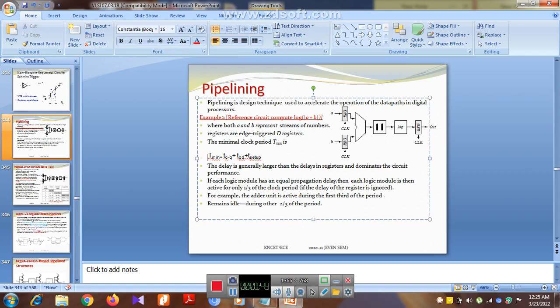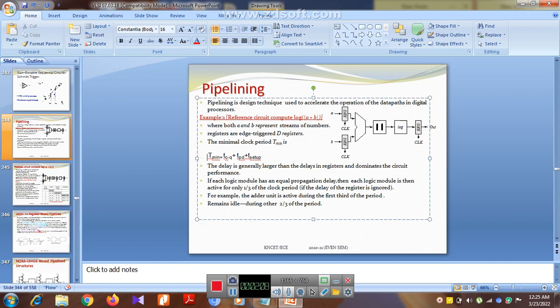Here T C-Q is a propagation delay, T PD is the worst case of the combinational circuit, and T setup is the setup time of the registers.